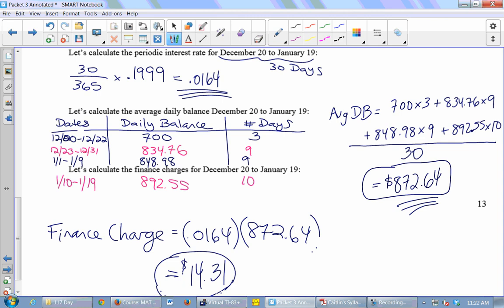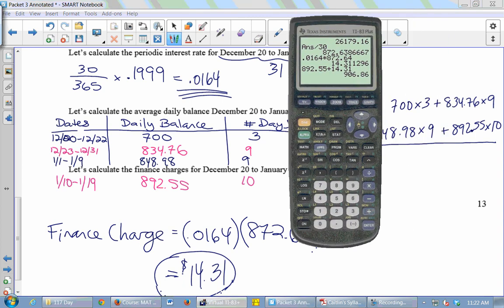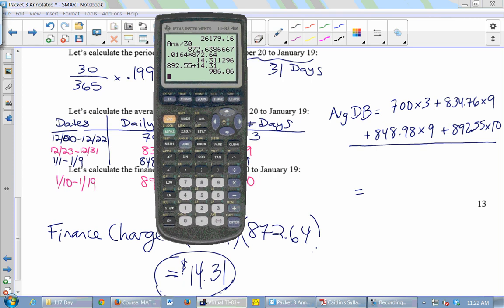Start with the 20: 20, 21, 22, 23, 24, 25, 26, 27, 28, 29, 30, 31. I did it wrong. This is 31 days. So it's 31, which means my average daily balance I should have divided by 31. Oh, I love it when I make mistakes. Do this again.